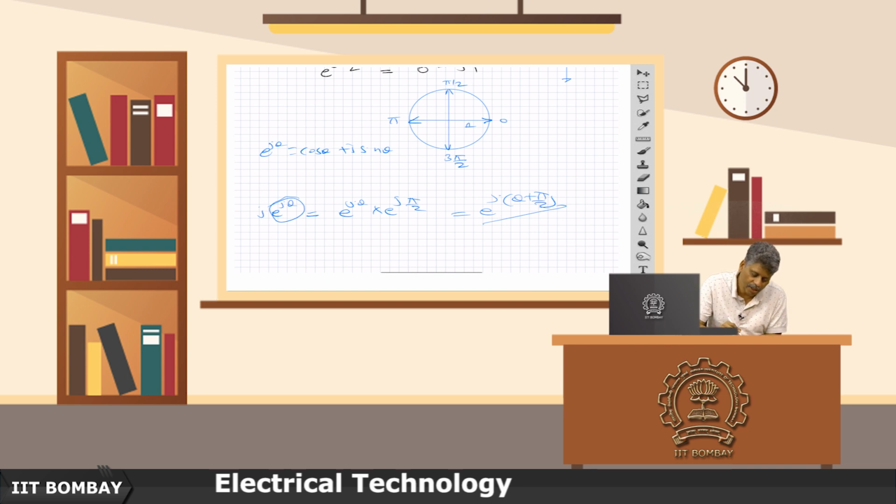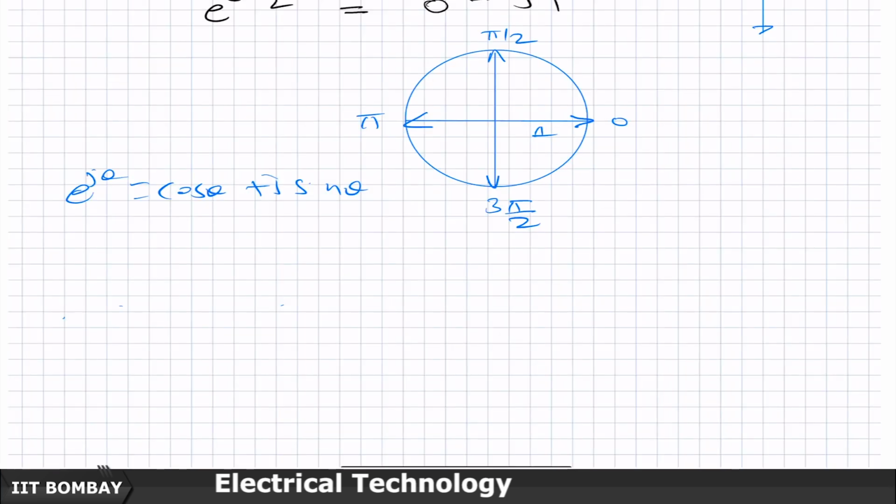Therefore, by default it indicates the y axis: the unit vector along the x axis, at angle 0, rotated by 90 degrees in the anti-clockwise direction, gives you the unit vector on the y axis. So, the j operator basically indicates the unit vector along the y axis.